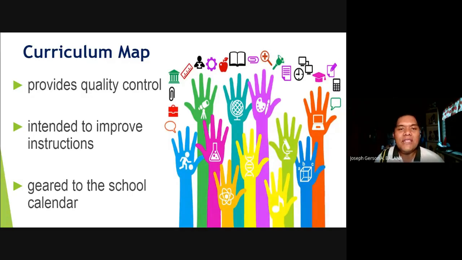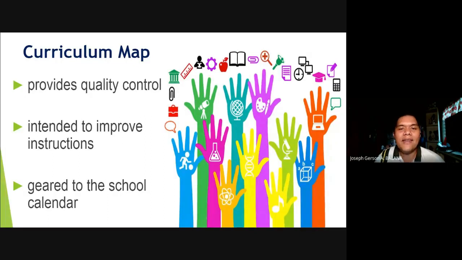It also intends to improve instruction because in the curriculum map, you're going to provide what method or strategies you're going to use or implement when a particular competency and a particular topic will be given or will be implemented.